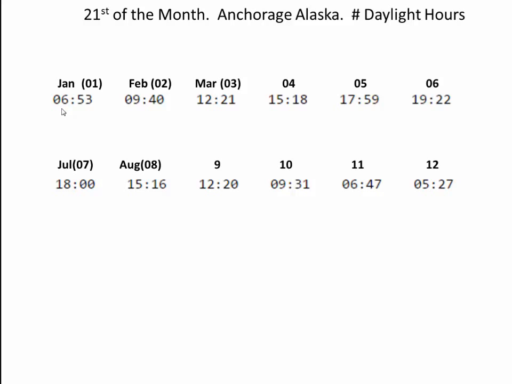It's going to be 6 and 53 sixtieths. We should round it to the nearest tenth place. So 6 and 53 sixtieths is 0.88, so that would be 6.9. 9 and 40 sixtieths would be 9 and 2/3 or 9.7.